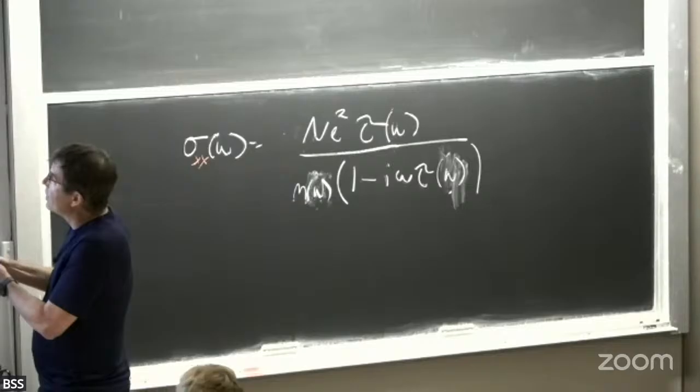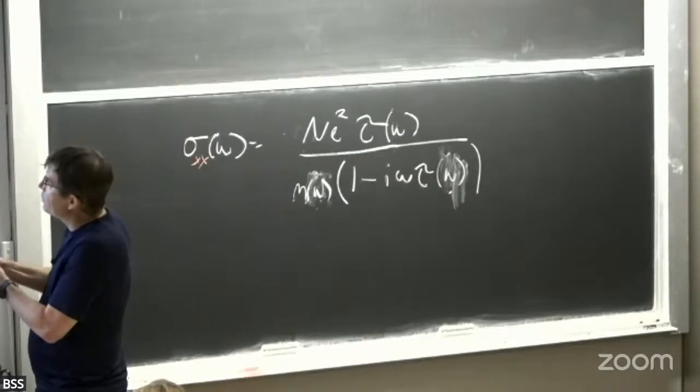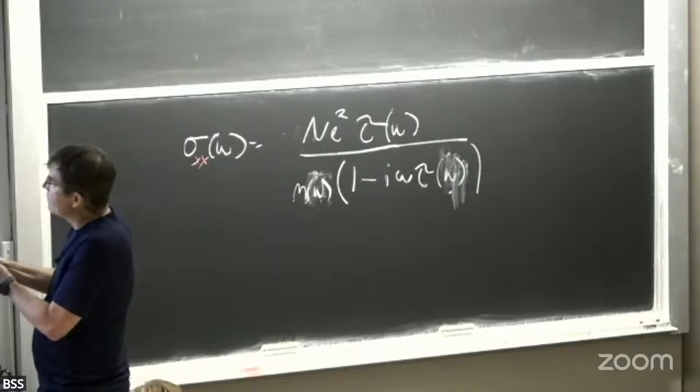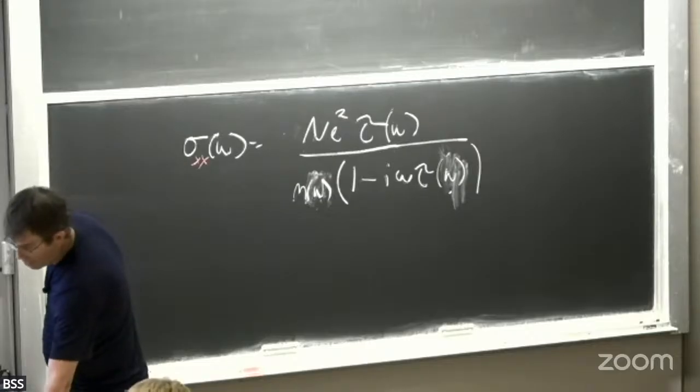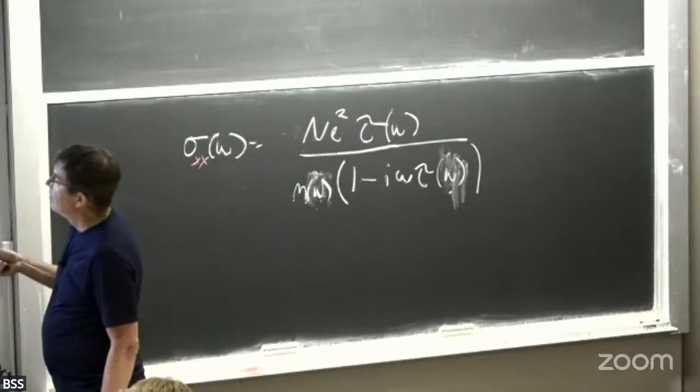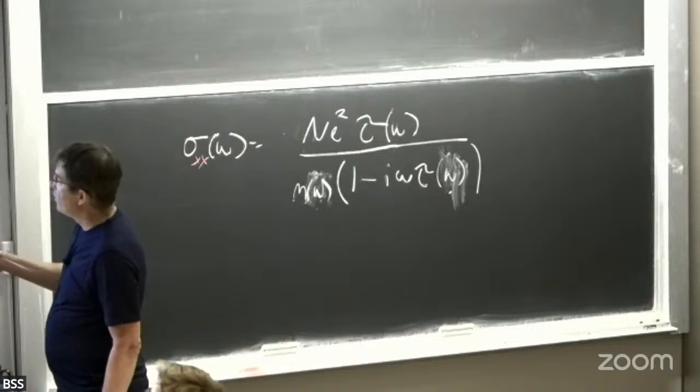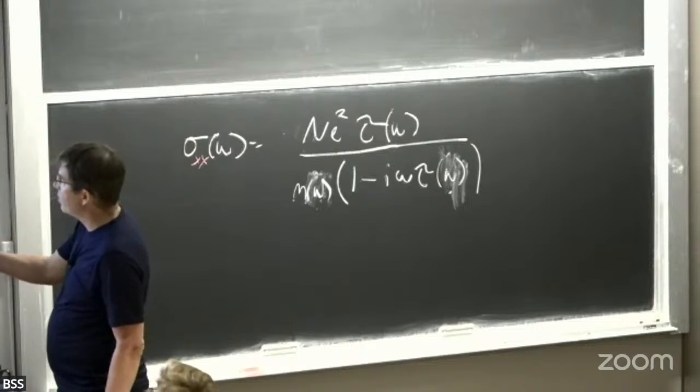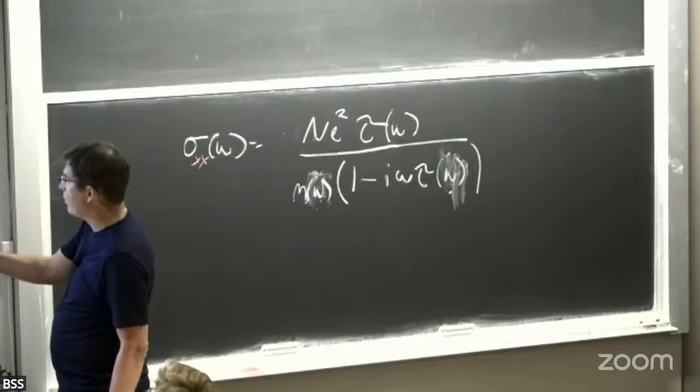That's zero field here, okay, peaked at zero. And then as you apply a magnetic field to it, we can fit the real and the imaginary parts at the same time. And there's this shift. And from this shift, that's the cyclotron frequency, it goes within semi-classical theory as eB over the mass.